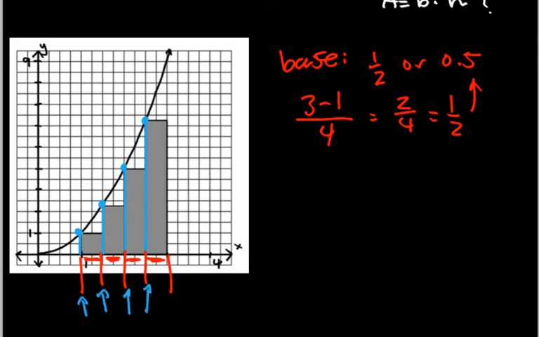What we're doing here has a special name. It is called a left-hand sum. You can also call it a left-hand Riemann sum. Riemann is the name of a mathematician who, long story short, created this. So Riemann sums.